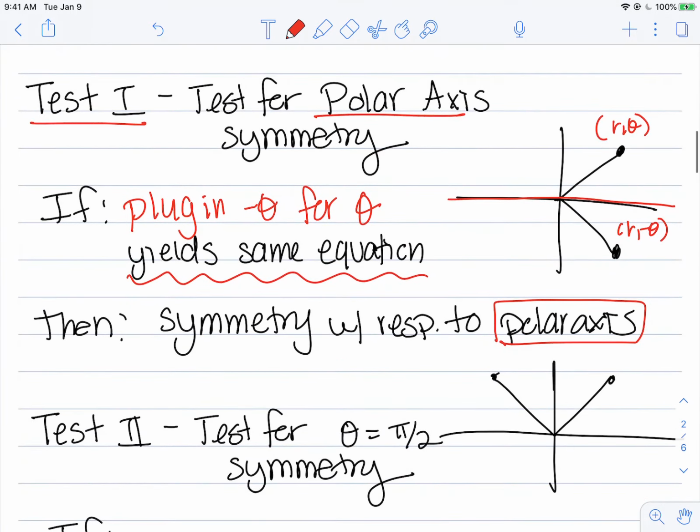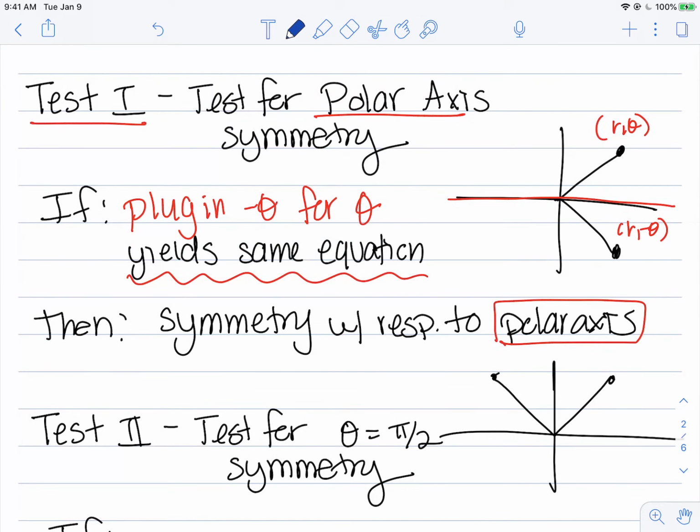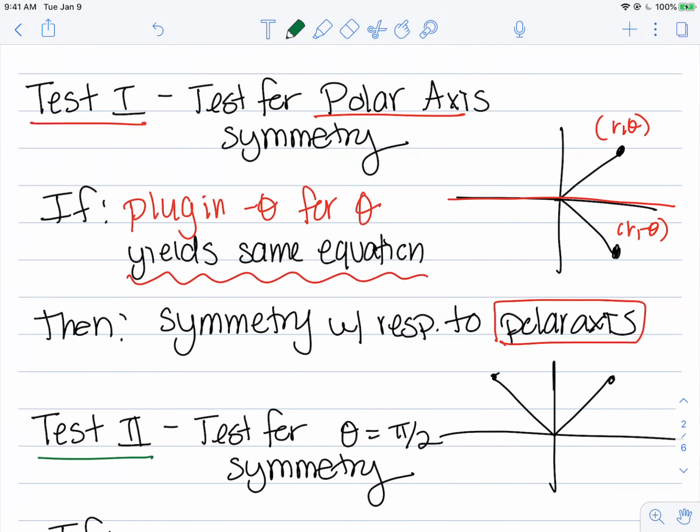The second test, so feel free to pause, write this down, and then play again. The second test is symmetry with respect to the line theta equals pi over 2. So if you have a point r theta, you're going to have a point negative r, negative theta.